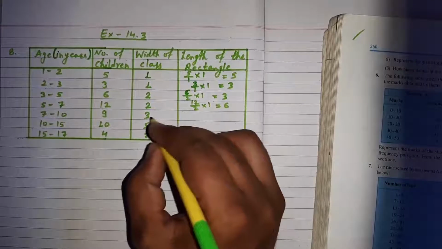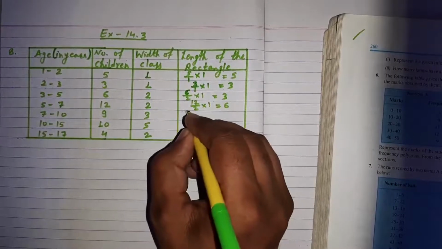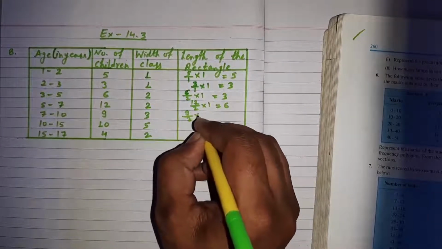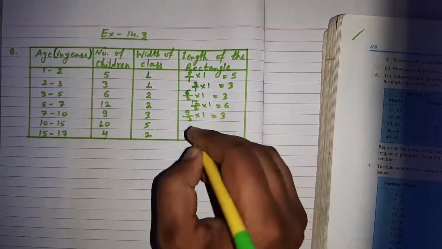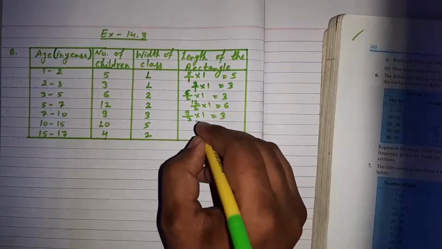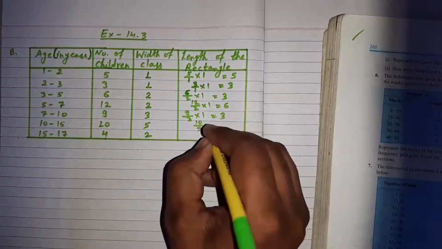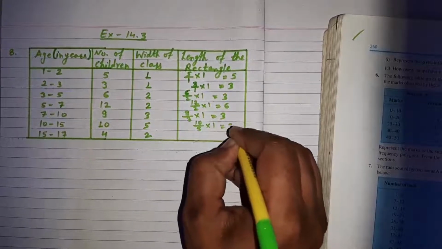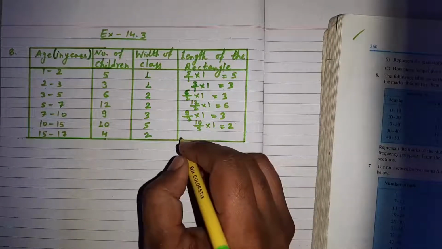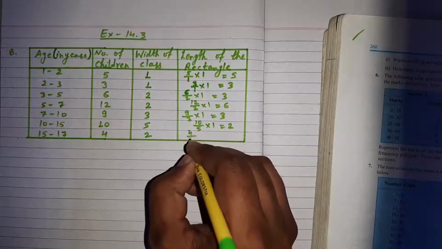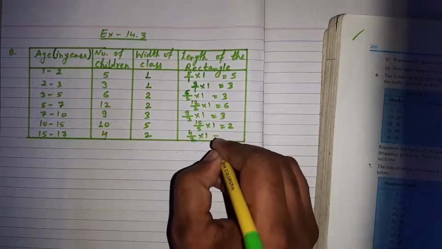For the next, 9 upon 3 into 1, it will be 3. For the next, 10 upon 5 into 1, it will be 2. For the last class interval, it will be 4 by 2 into 1, so it will be 2.